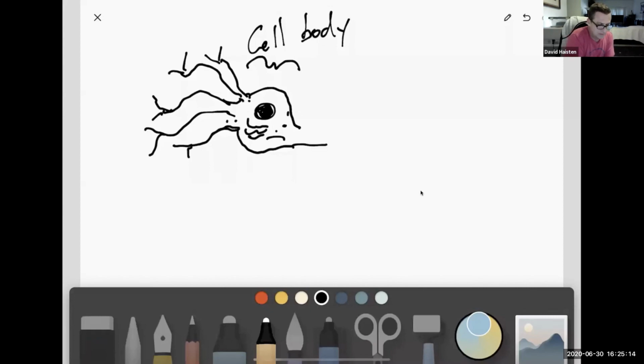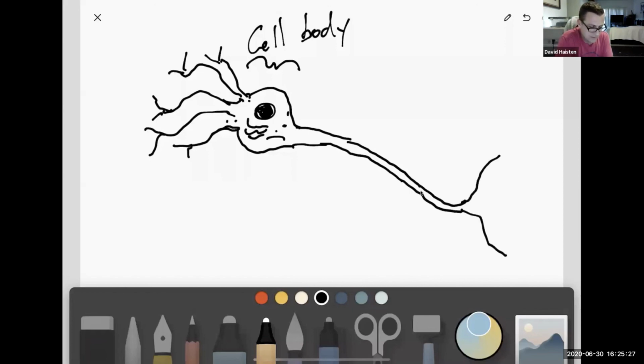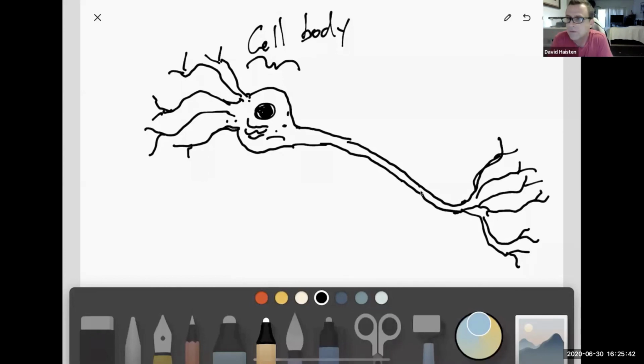And then there's a particularly long extension that terminates in all these fine branches. So that's a neuron. Okay, well, let's talk about these extensions.